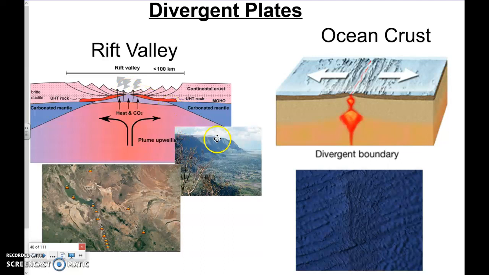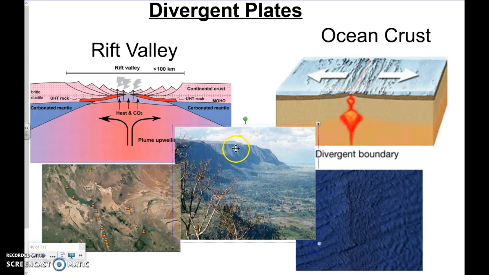You have this picture here where you can see the large sides of that valley, very high. We have this low area here. Basically, your continent has been ripped apart, and now you have that lower, heavier ocean crust forming.